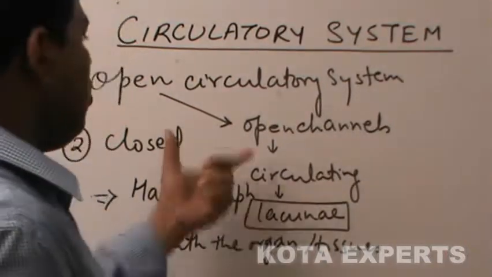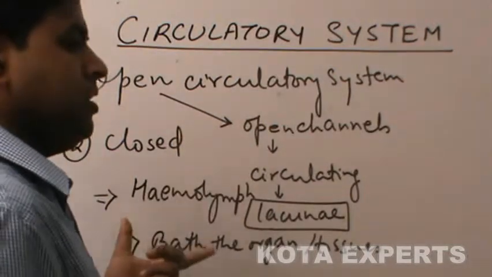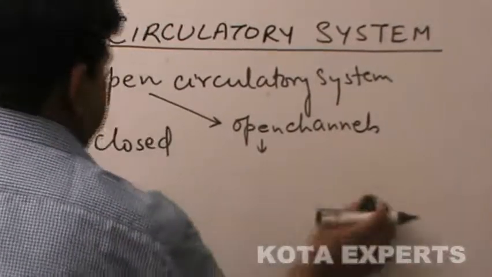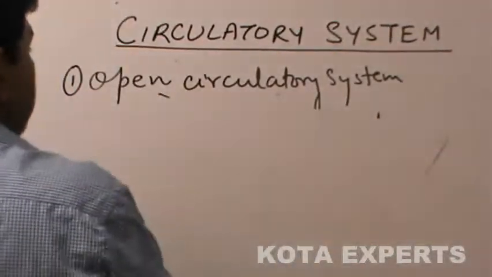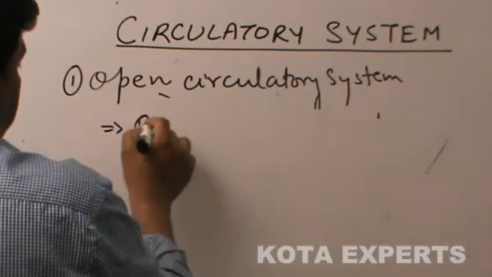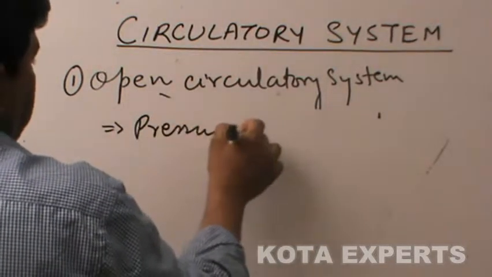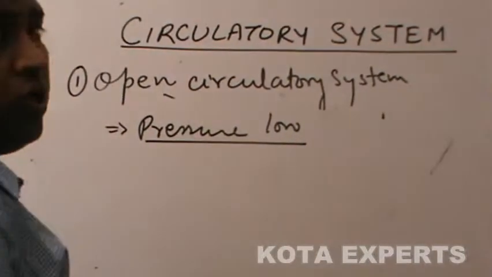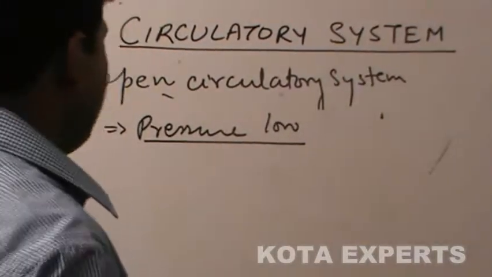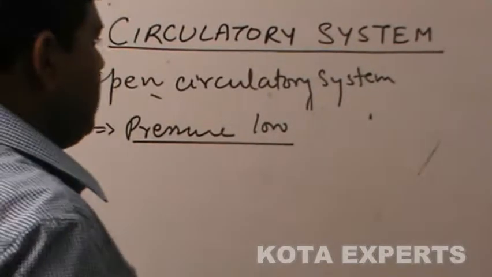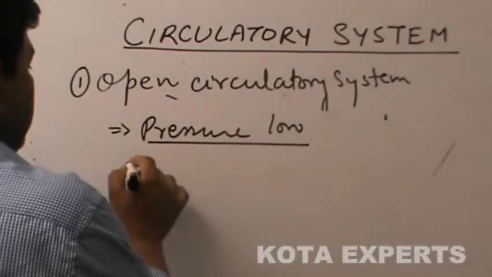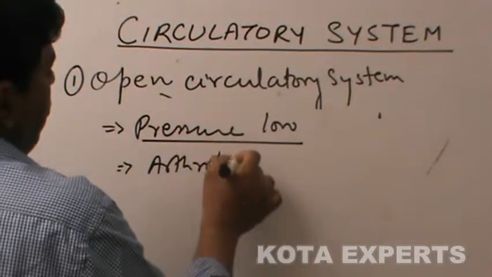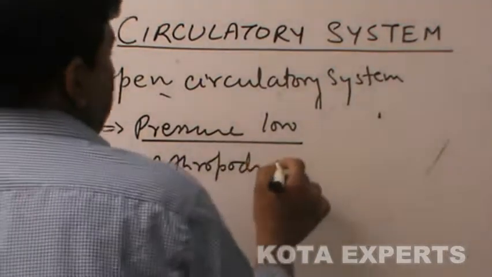As this is an open channel circulating fluid, the pressure is very low, as compared to the closed circulatory system. This open circulatory system is usually found in arthropods and some annelids.